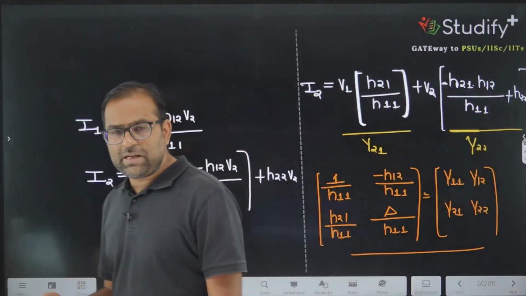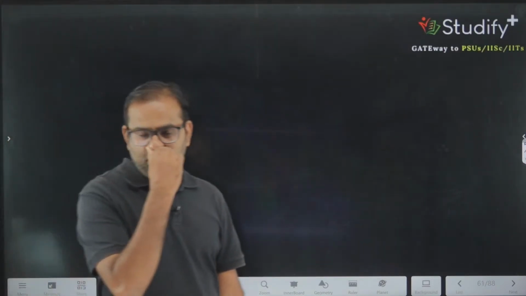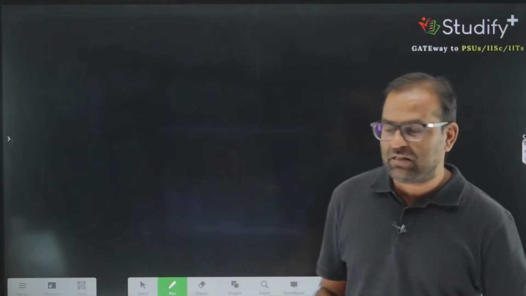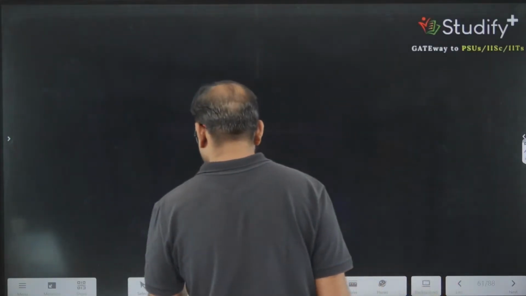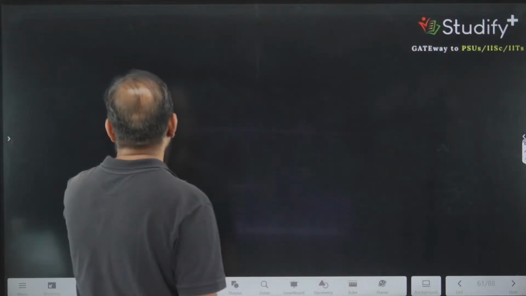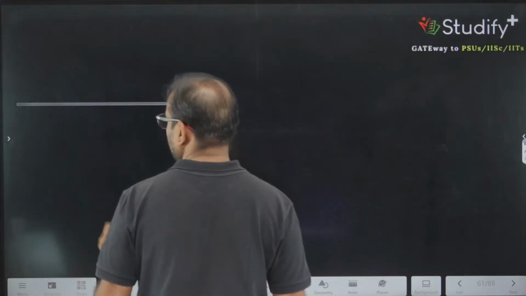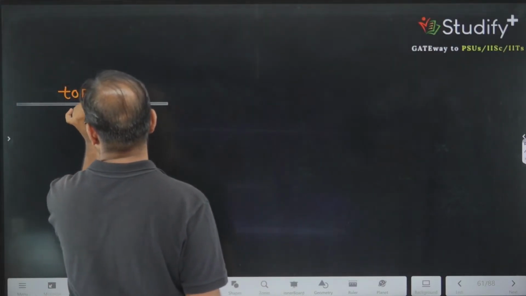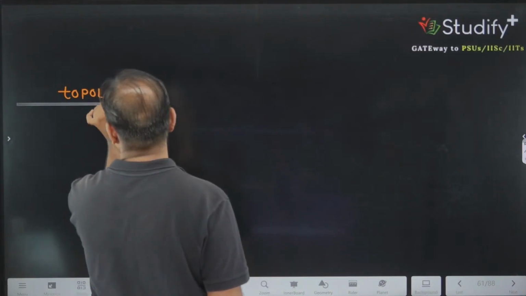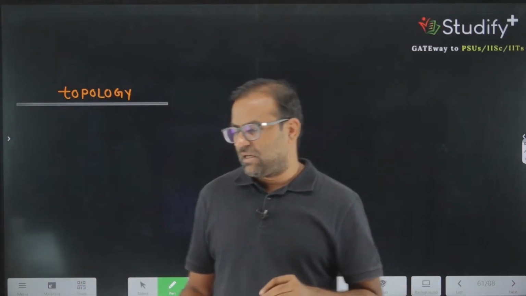Now let's go to the next part, and next part is very important. How you can connect a two-port network, or which configuration will give you direct addition of h parameter. So can I say we are interested in the discussion about topology, as we have discussed in y parameter and z parameter.